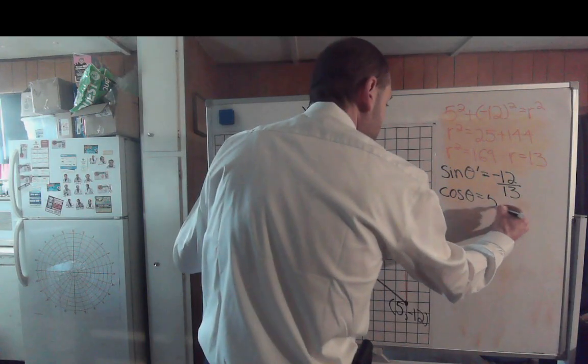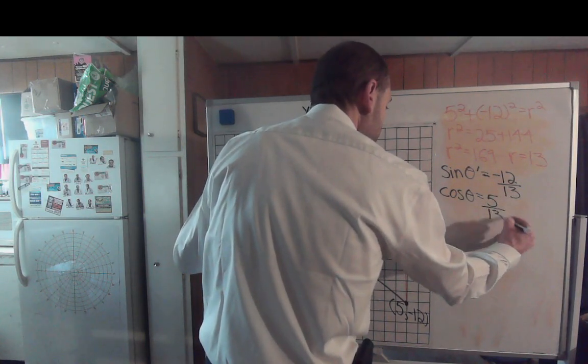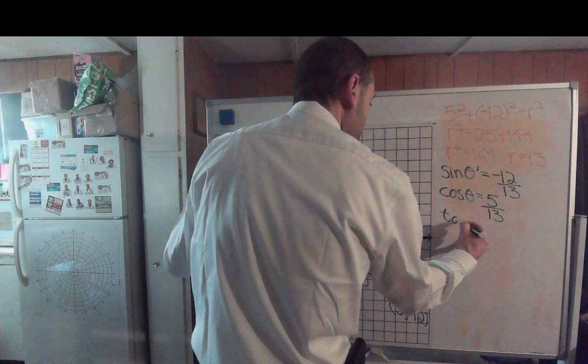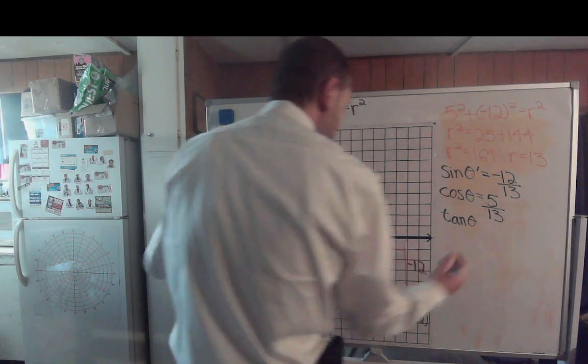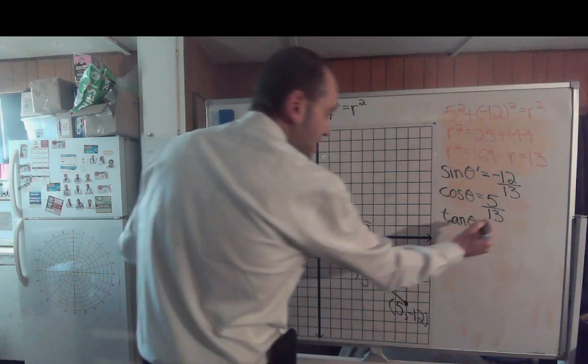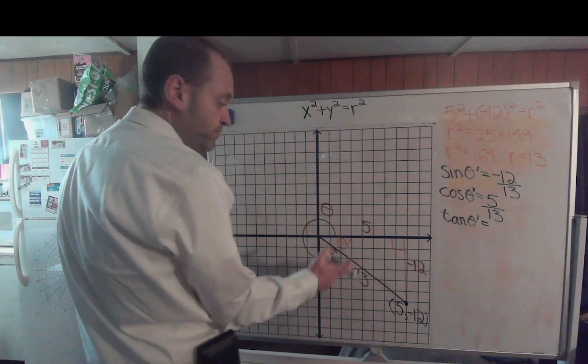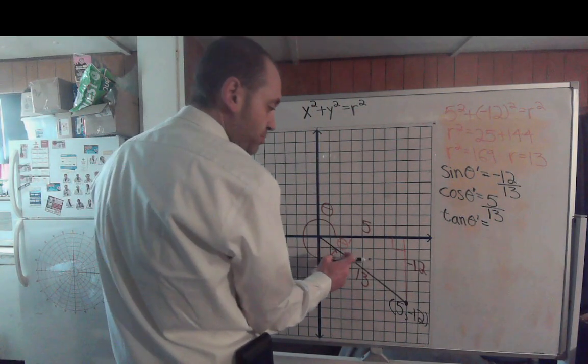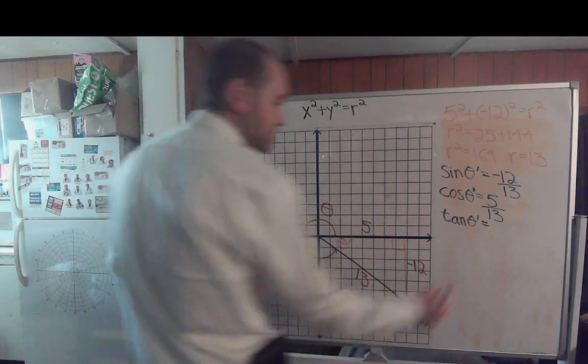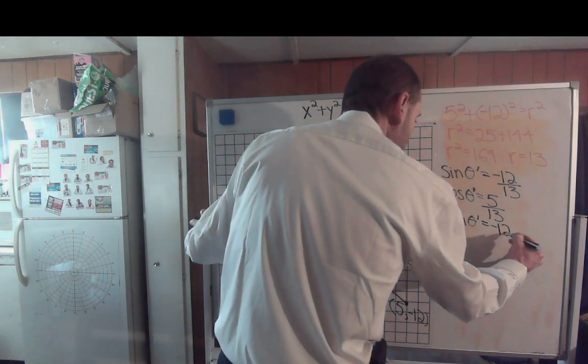So that would be +5/13. The tangent of theta, that equals your opposite, or theta prime, I should say. Same thing, just reference angle. So the tangent of theta prime is opposite over adjacent, so you would end up getting -12/5.